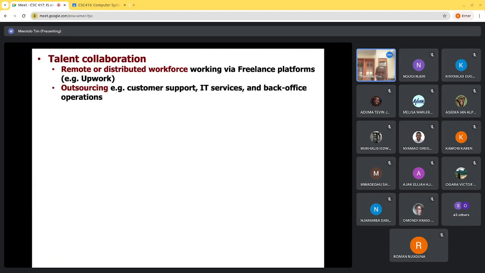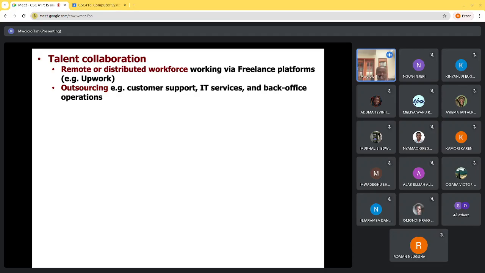Talent collaboration. These freelance platforms like Upwork, where you are looking for anybody who has talent to be able to do some work online. Or even what we do, outsourcing.